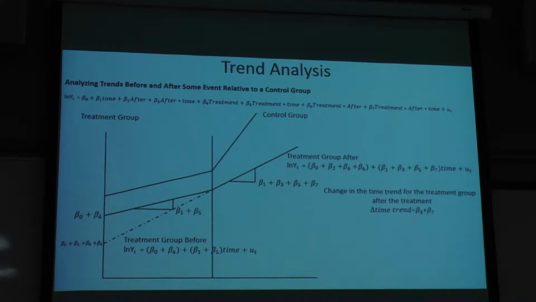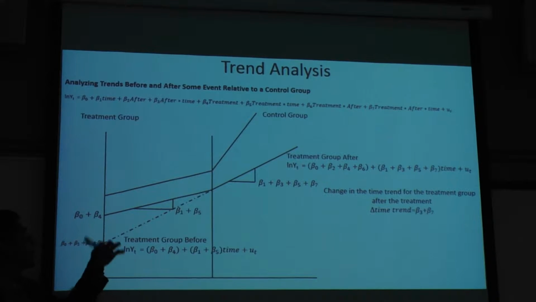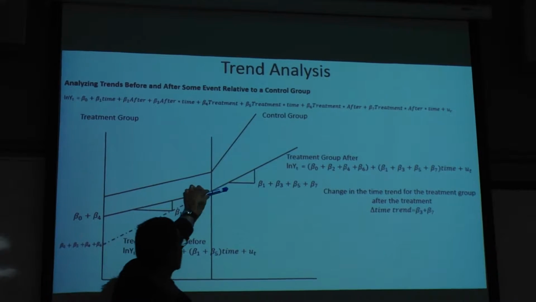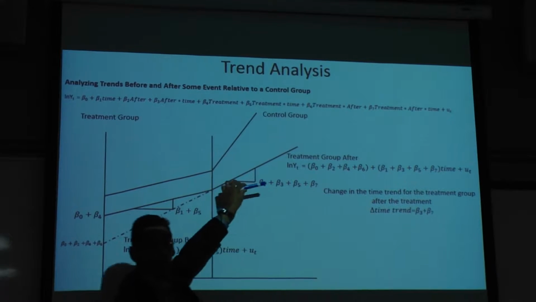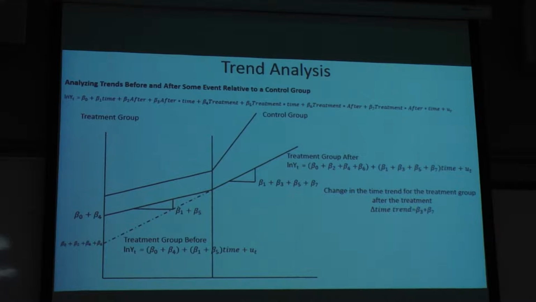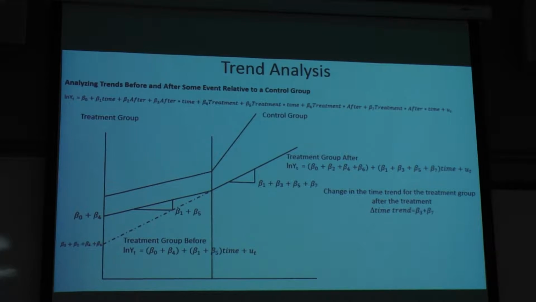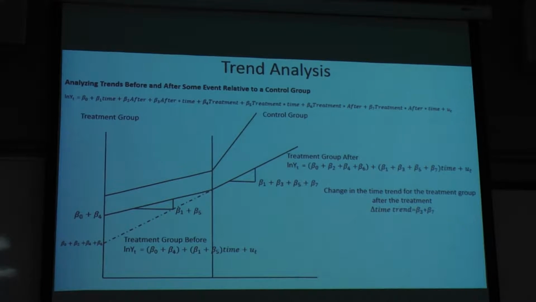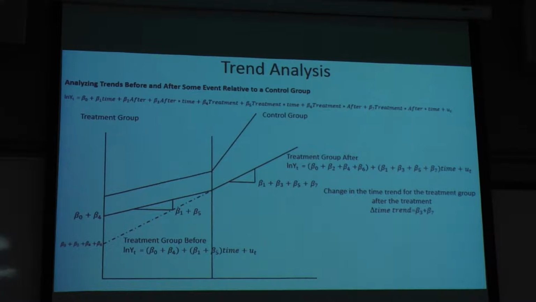You've got to be really careful with your language. Which would mean what? If beta 3 and beta 7 were both 0, then this line would just go on and there'd be no change in the treatment group after the treatment. Right? Man, it all makes sense when you look at it on a graph. The trick is looking at the coefficients.